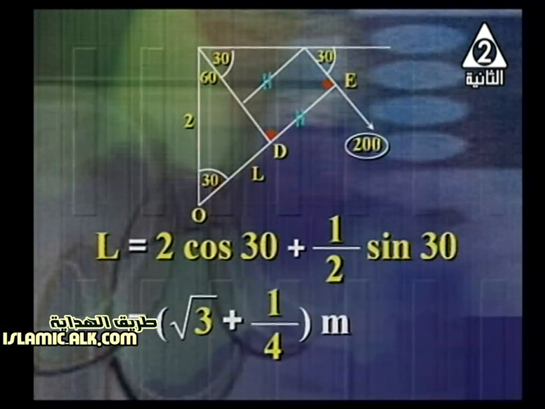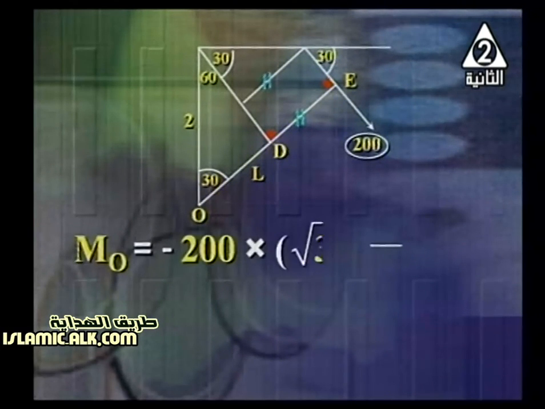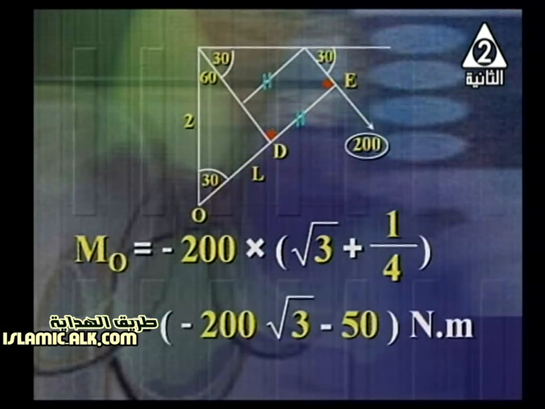In this case, we multiply: MO equals negative 200 times the bracket of root 3 plus a quarter. Same answer, negative 200 root 3 minus 50 Newton meter. This is the other solution to the previous example.